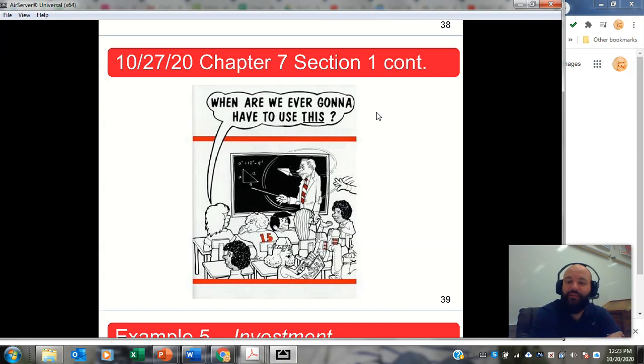But what I think you're going to find over the course of this year is there's going to be a reoccurring theme, and that reoccurring theme is compound interest, investment.